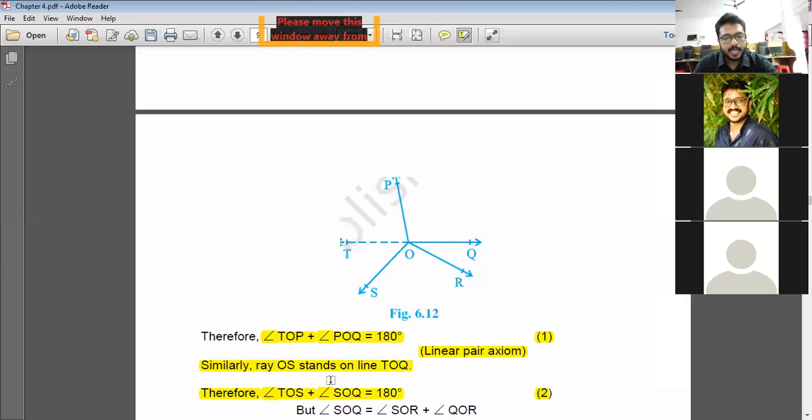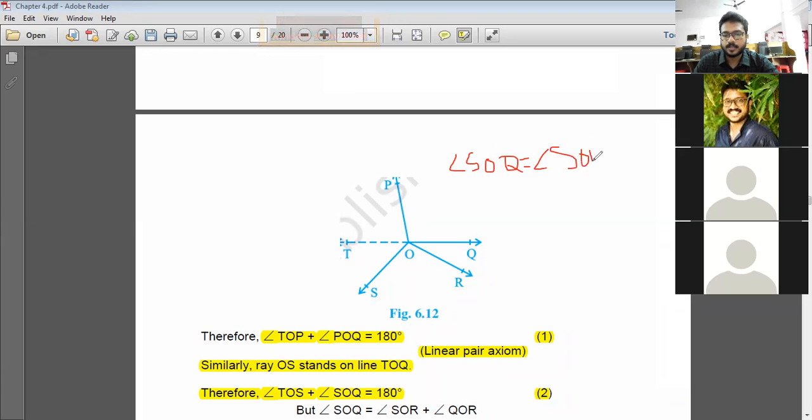But what is angle SOQ? Angle SOQ is equal to angle SOR plus angle ROQ, or angle QOR.